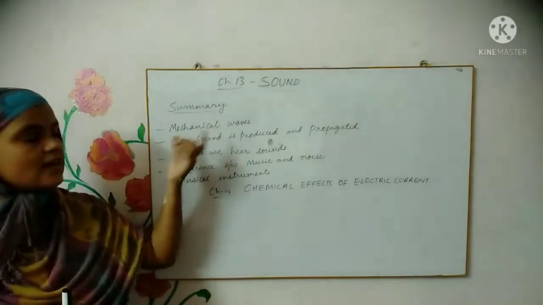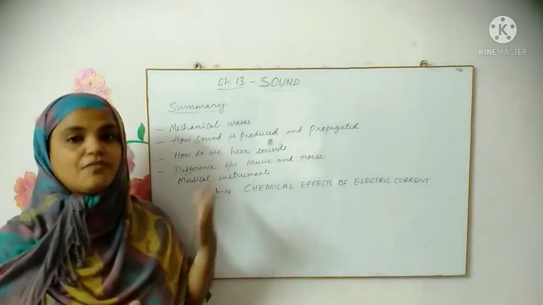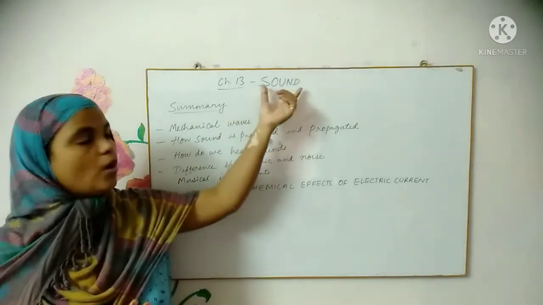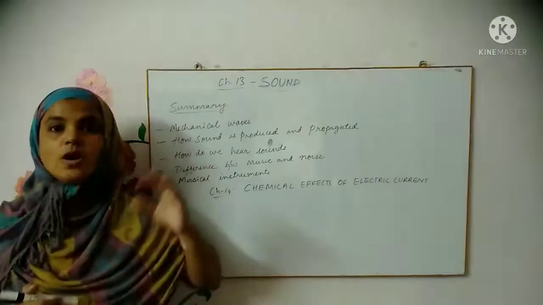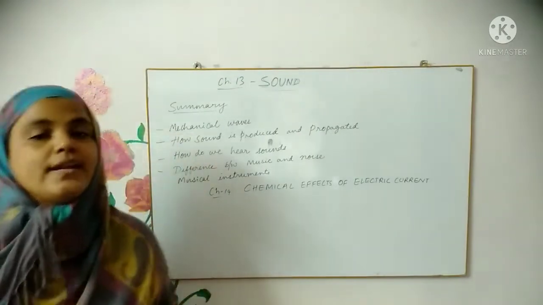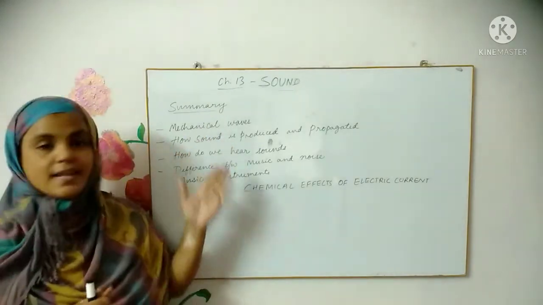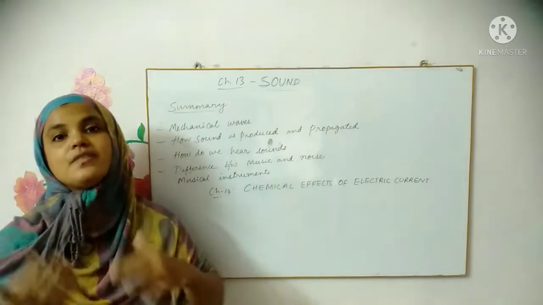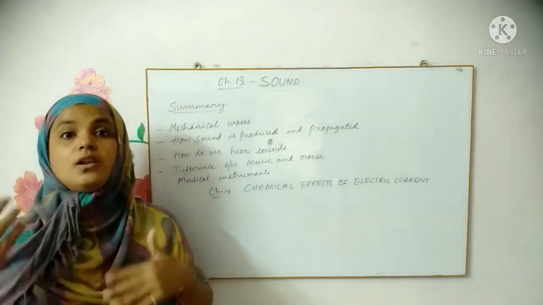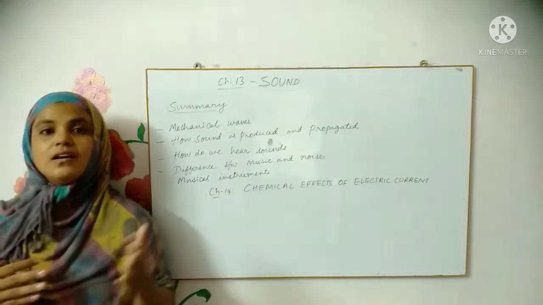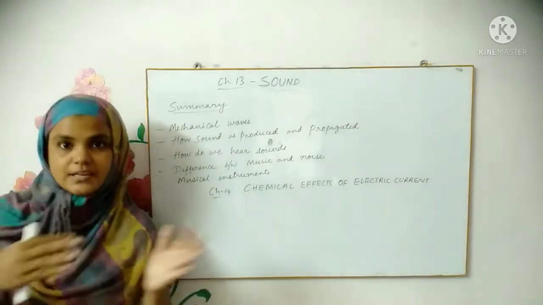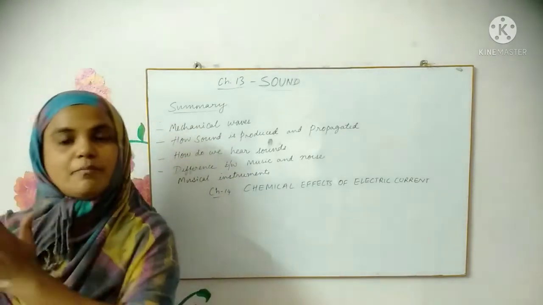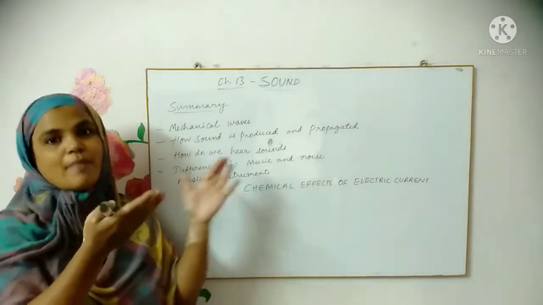So first I started with the mechanical waves. What are waves actually, and what are mechanical waves, and in what category sound waves come. So under mechanical waves we have two kinds of waves, which are transverse waves and longitudinal waves, and sound comes under the category of longitudinal waves, because here the direction of the movement of the wave and the direction of the movement of the particles is the same or parallel.